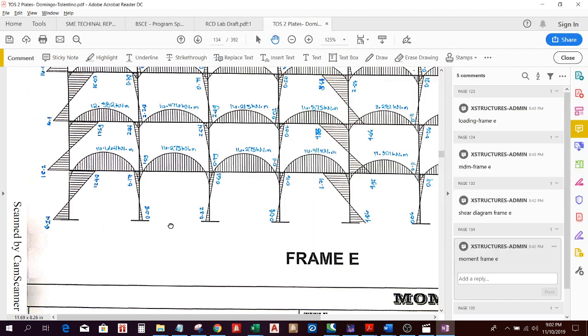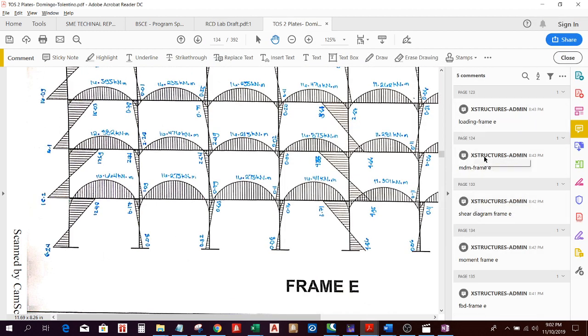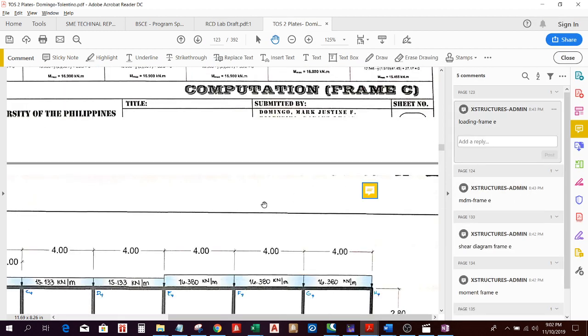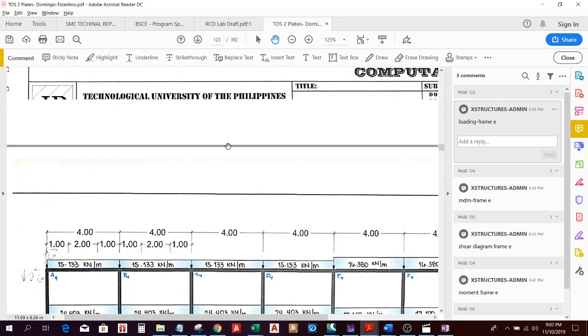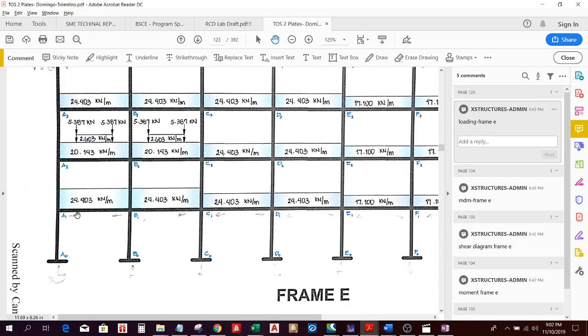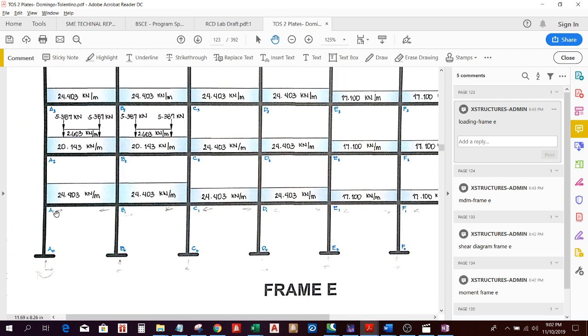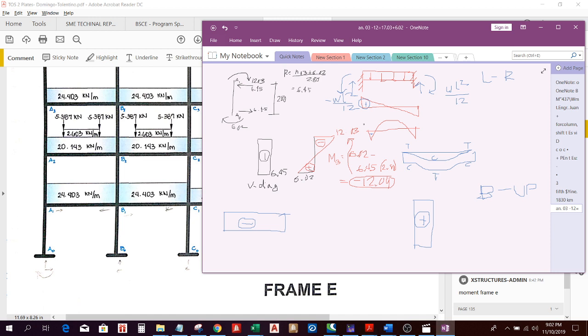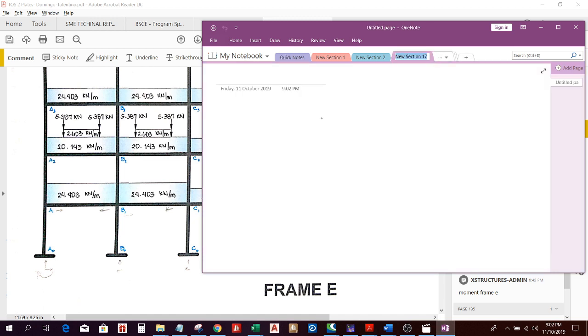let's try with the beam here. So MDM or loading frame E. So here 24.403. So our beam corresponds to A1B1. Here A1, B1.